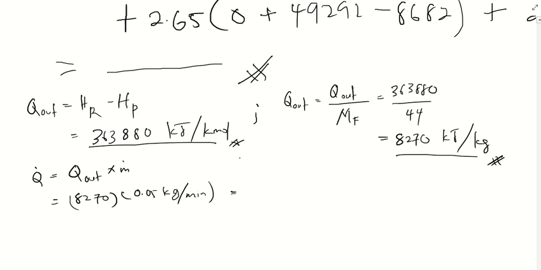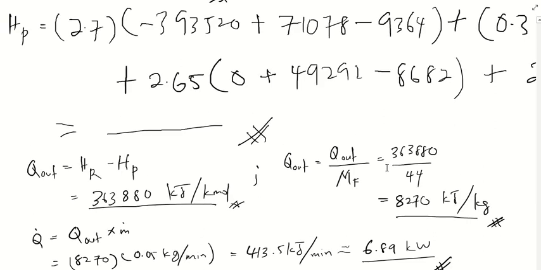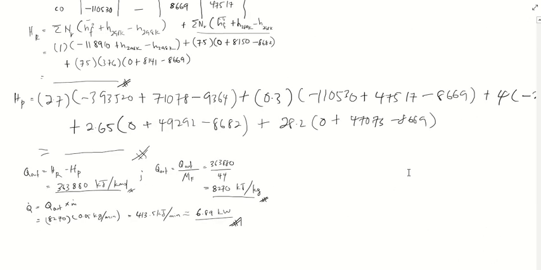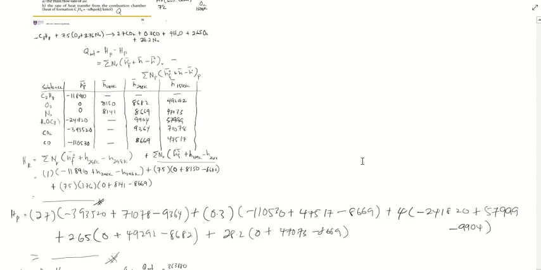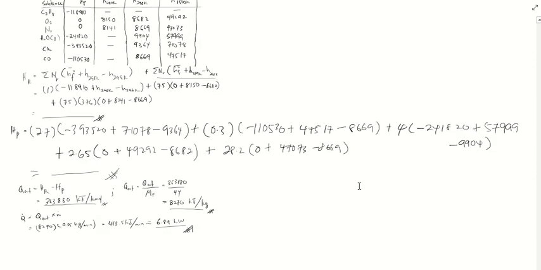From there you can determine 413.5 kilojoule per minute. And if you convert into kilowatt, kilojoule per second, you produce 6.989 kilowatt. So there you go. That's how we determine the rate of heat transfer from the combustion chamber. So I think that's all. Assalamualaikum warahmatullahi wabarakatuh.